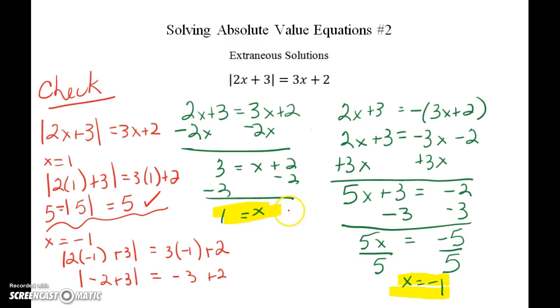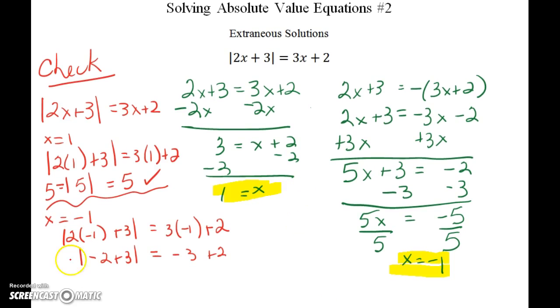And in this case, hopefully you can see it, we get the absolute value of 1 equals negative 1. Well, we know that the absolute value of 1 can never be negative. It always has to be positive. So in this case, that is wrong. So we only have one solution. The only correct solution is x equals 1. x equals negative 1 does not work. That one is extraneous.